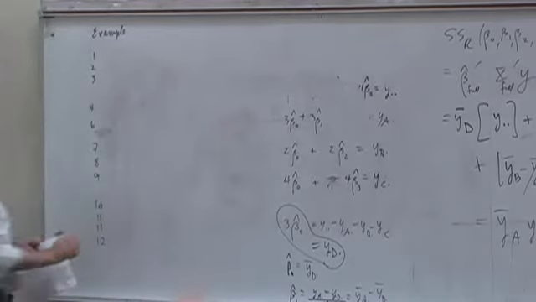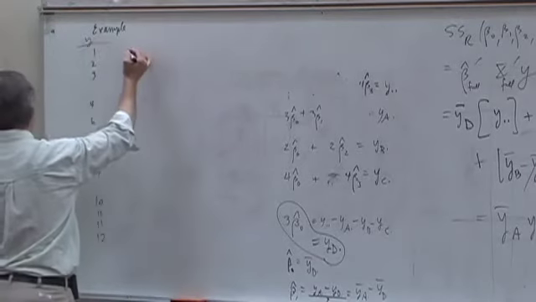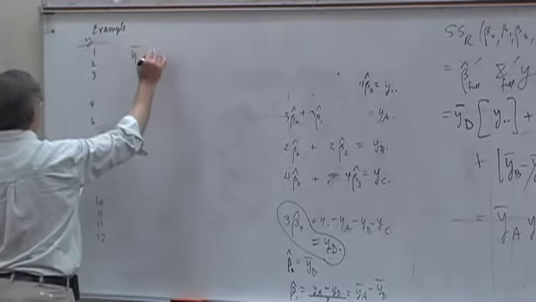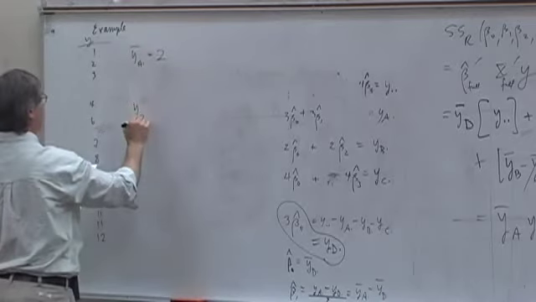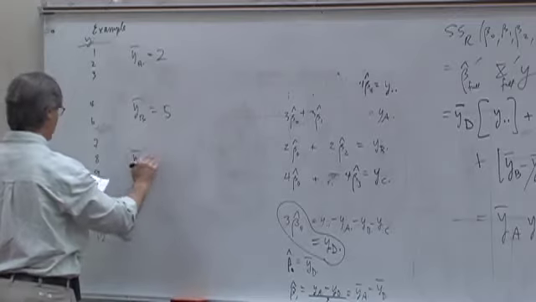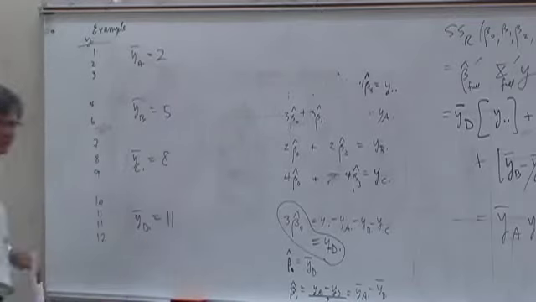So these are the y's. And then y_A dot bar is equal to 2, y_B dot bar is equal to 5, y_C dot bar is equal to 8, y_D dot bar is equal to 11. The way I set it up here.